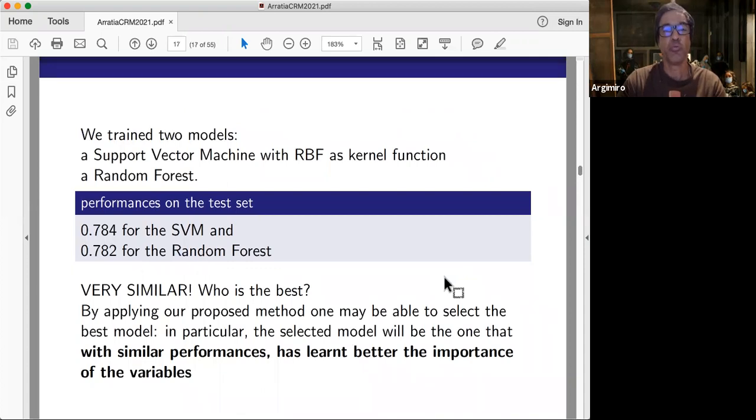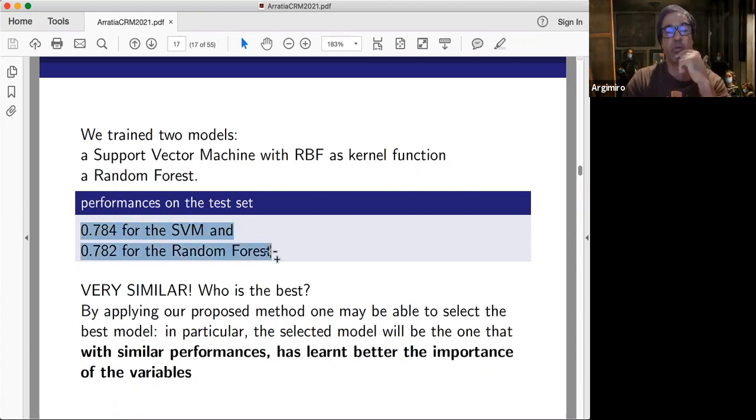So we train 2 models: a support vector machine with a radial basis function as kernel, and a random forest. And now, according to the error measure, the accuracy, their performance is very similar, as you see.